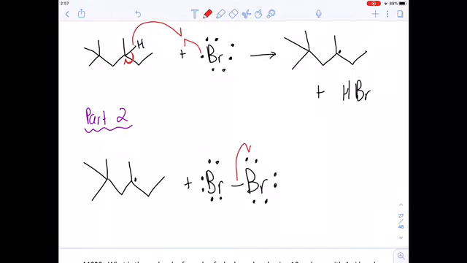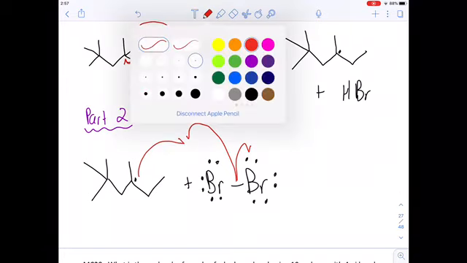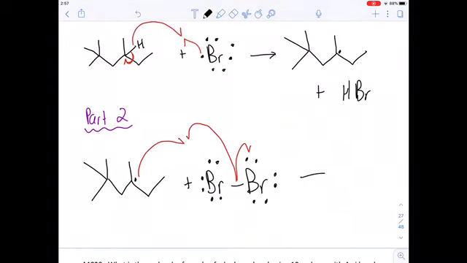Okay, so instead of having one electron go to both Brs, you're going to have one electron go to one Br, and the other one is going to go directly to, well, technically it does go to that Br, and then it goes to the radical here, but for the sake of saving a step, you just draw it directly to the radical. Okay.